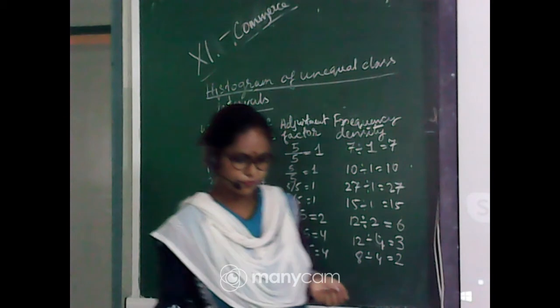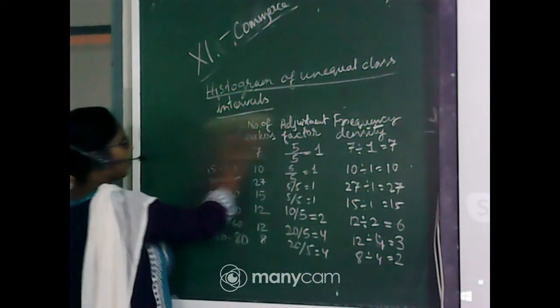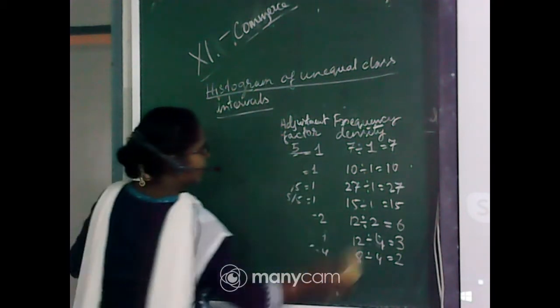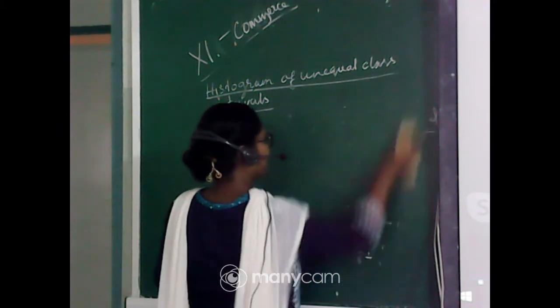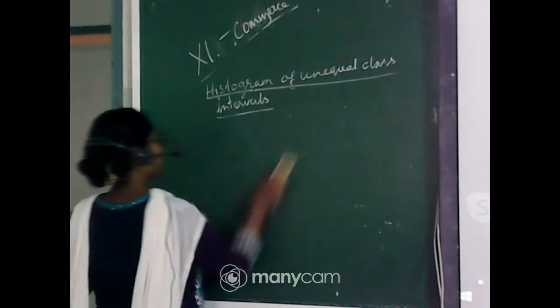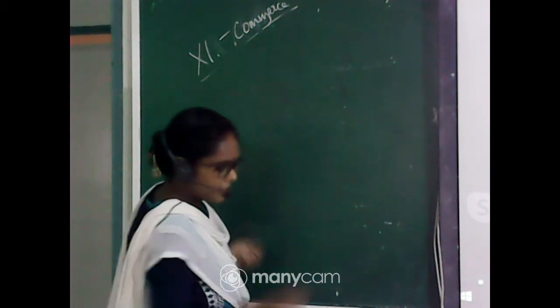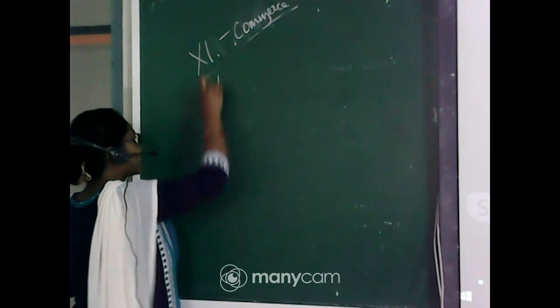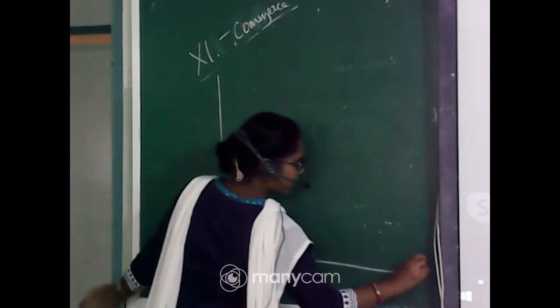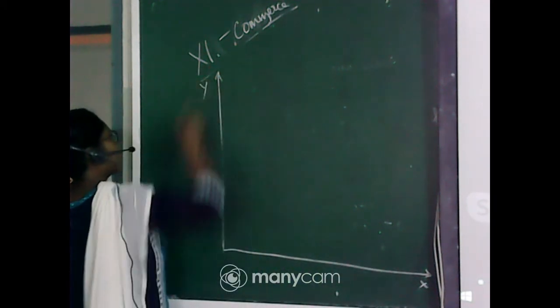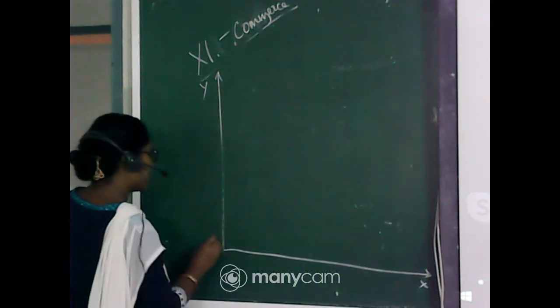So I am rubbing these columns and I will draw the diagram. Draw the two axes: horizontal axis x, vertical axis y, and origin 0.